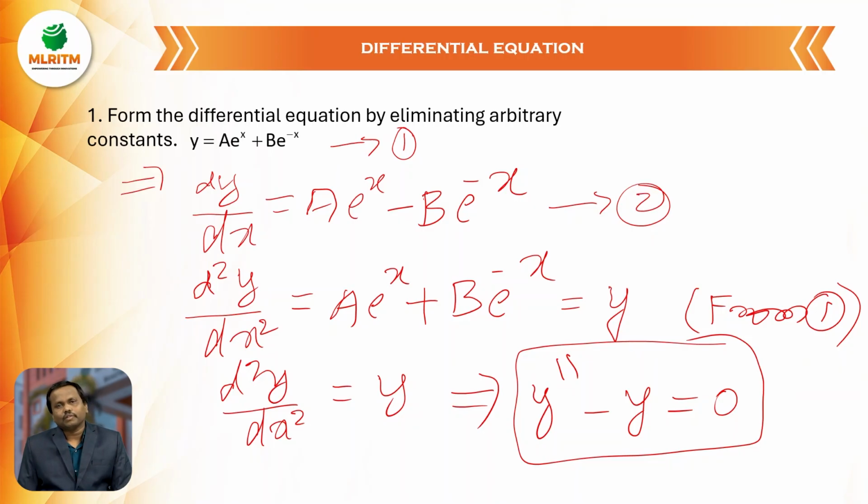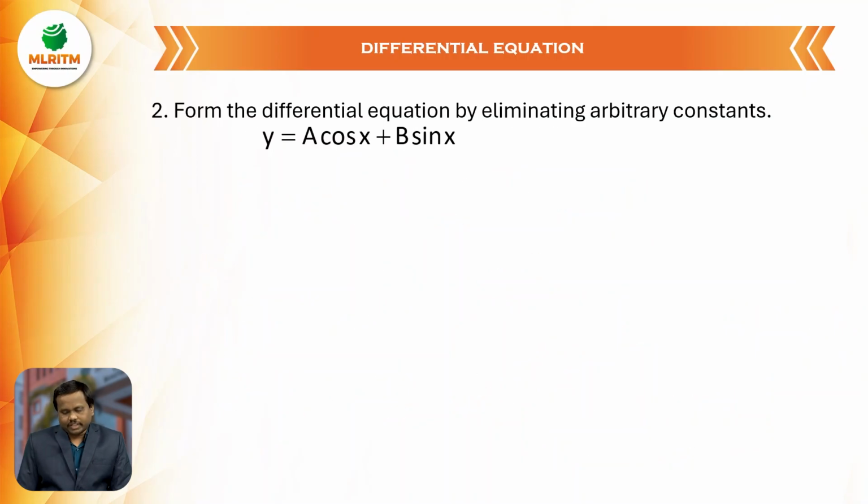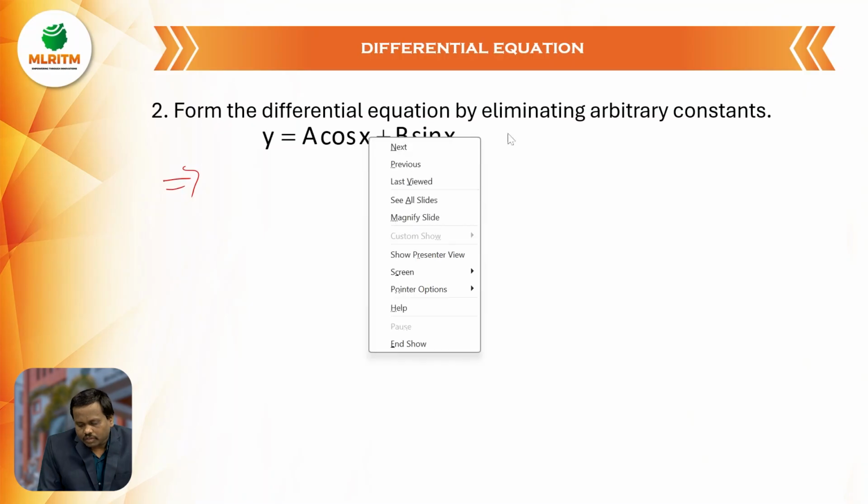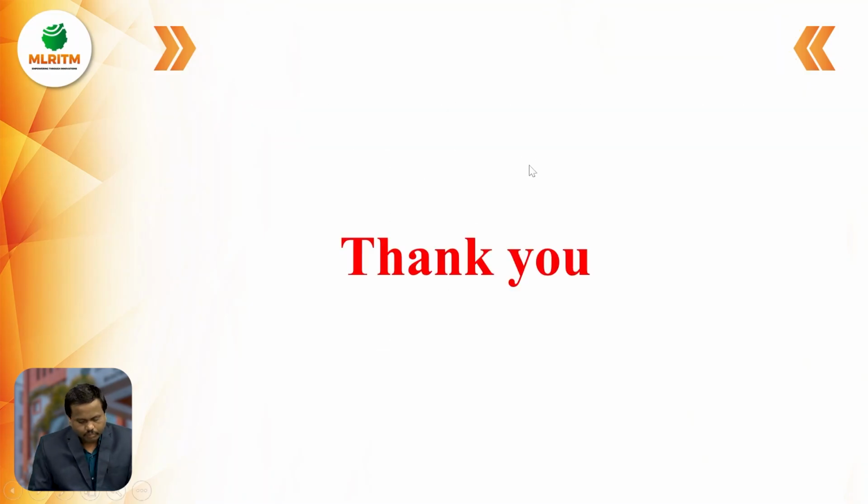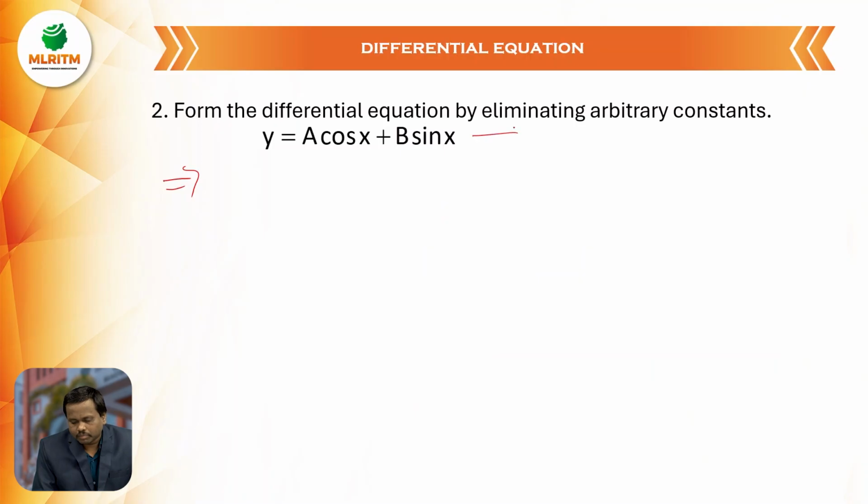Now we can go for one more problem based on this topic. Form the differential equation by eliminating arbitrary constants, where y equal to a cos x plus b sin x. First call this equation number 1. Then differentiate with respect to x.